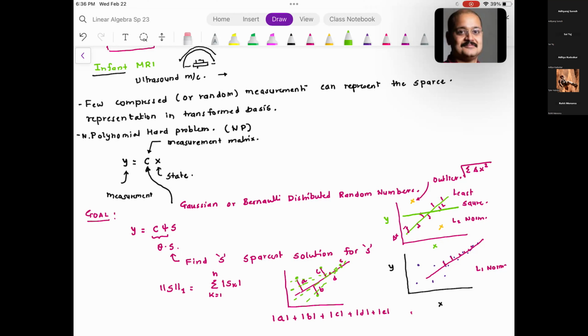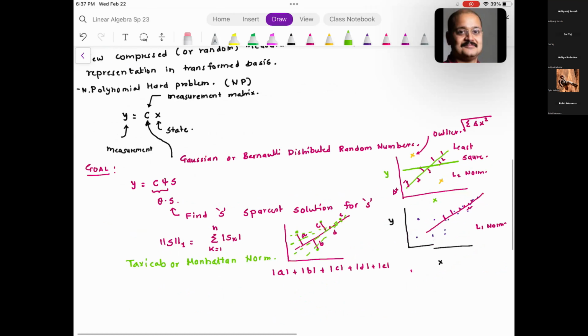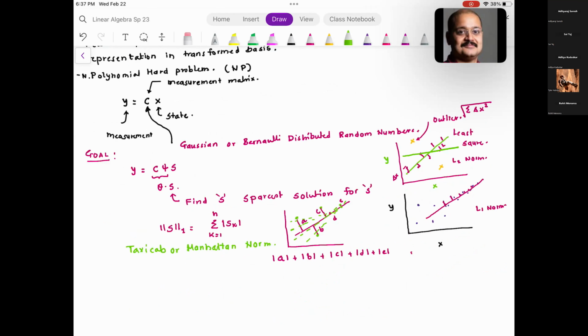Some of you may ask, why is this called a taxi cab norm? It's also called the Manhattan norm, taxi cab, or Manhattan. Because if you want to go from point A to point B, a taxi driver would typically follow this route. A taxi driver trying to go from point A to point B is not going to find the least square distance.